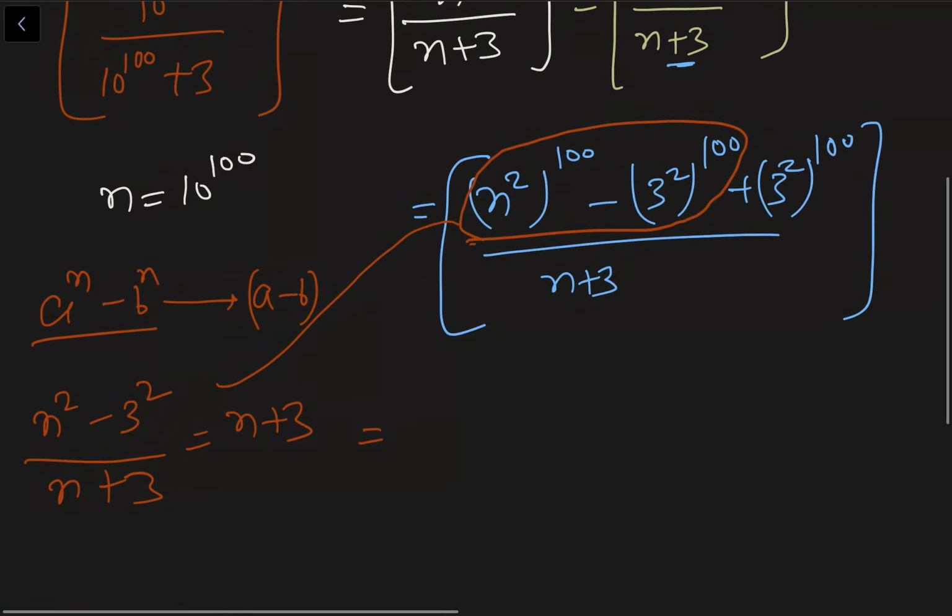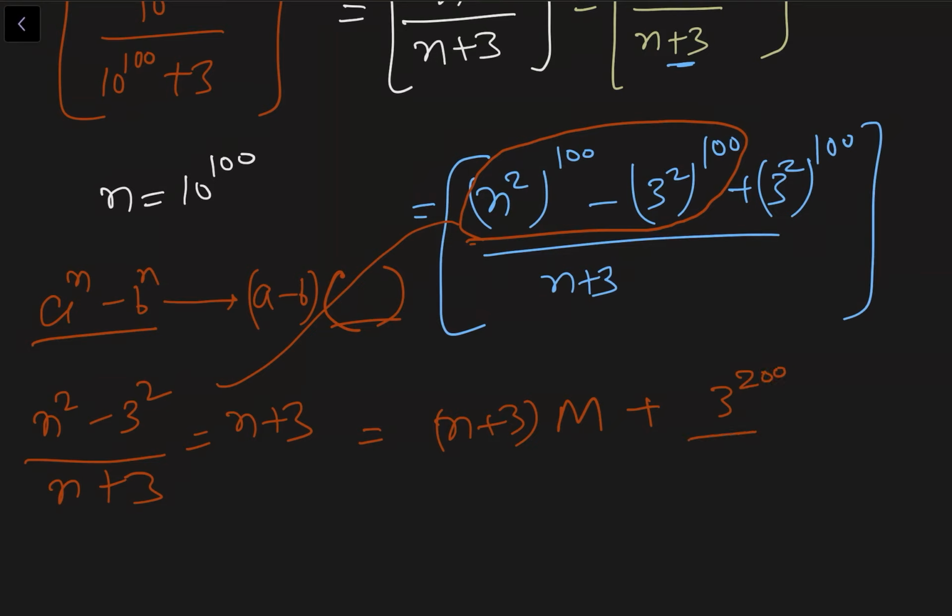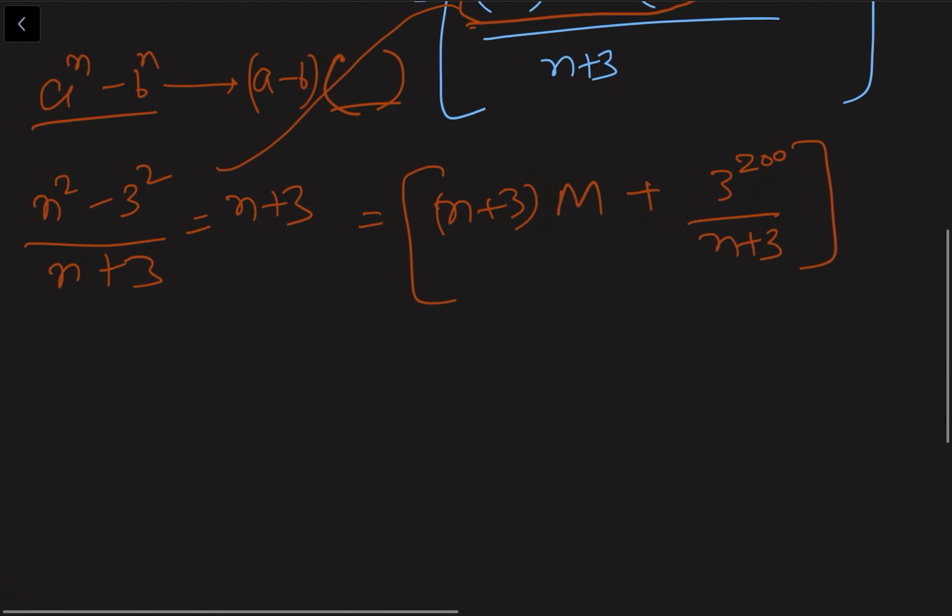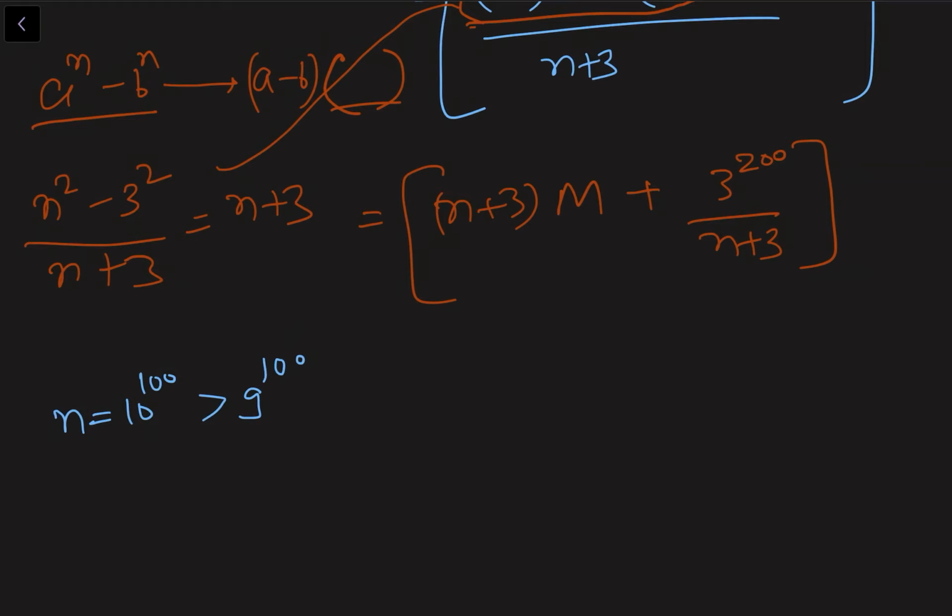So can I write this as n plus 3 times m, where m is whatever the rest of the terms are, plus 3 raised to power 200 divided by n plus 3? I can say this is its integral part. Now we know that n is 10 raised to power 100, which is for sure greater than 9 raised to power 100, even far greater.